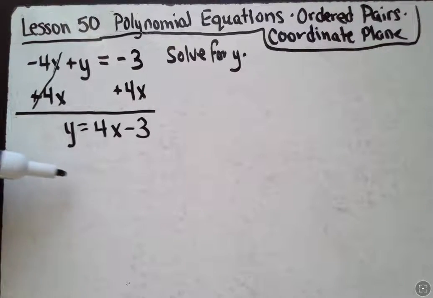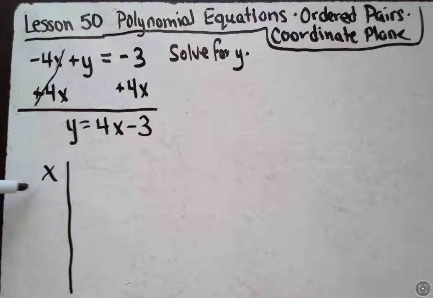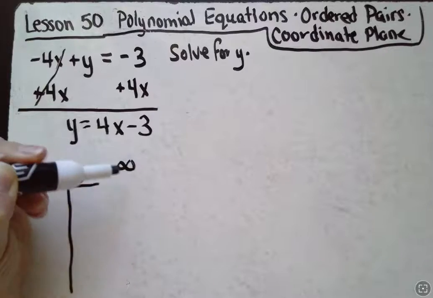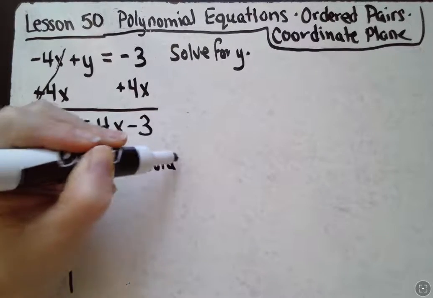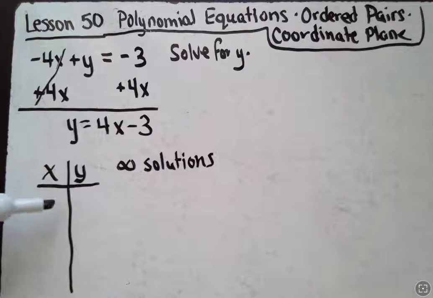And something that's interesting about an equation like this is there are an infinite number of solutions. There are infinite solutions to this equation. For every x value solution, there's another corresponding y value solution.